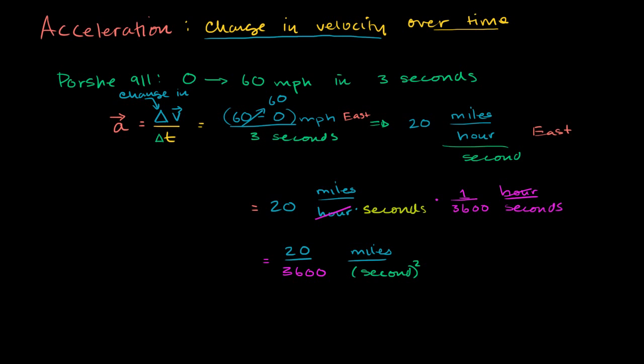And we can simplify this a little bit. Divide the numerator and the denominator by 10. You get 2 over 360. Or this is the same thing as 1 over 180 miles per second squared. I'll just abbreviate it like that.